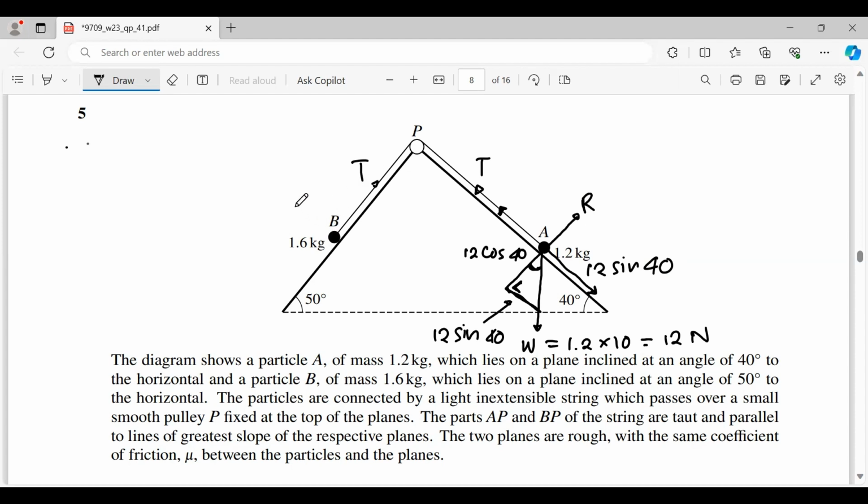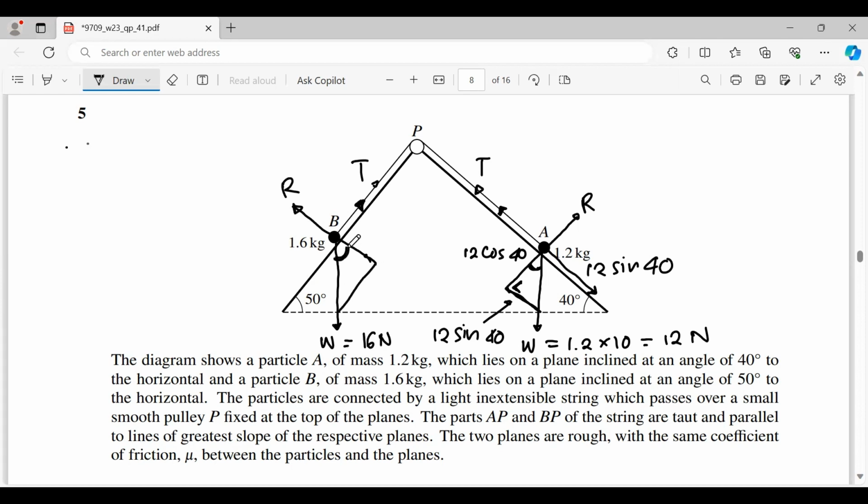And next, there is a force acting on this particle as well, the resultant. And next, this is the weight, 16 newtons, so 1.6 times 10.